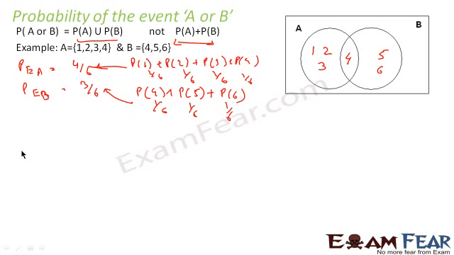Now when I say P of A or B, if I add 4 by 6 and 3 by 6, what do I get? I get 7 by 6, which is not possible because this is greater than 1.